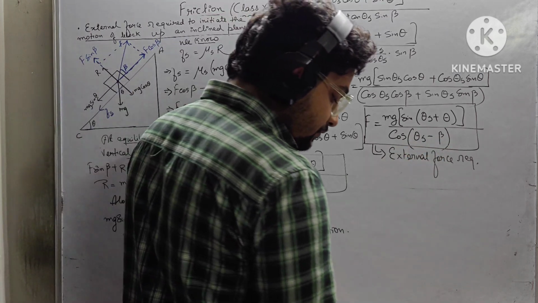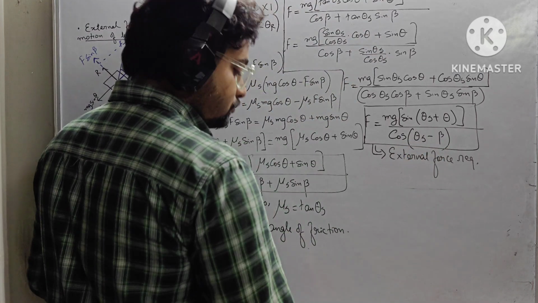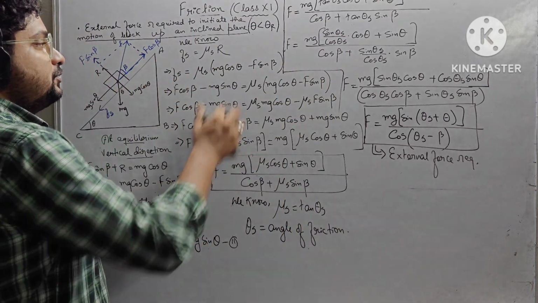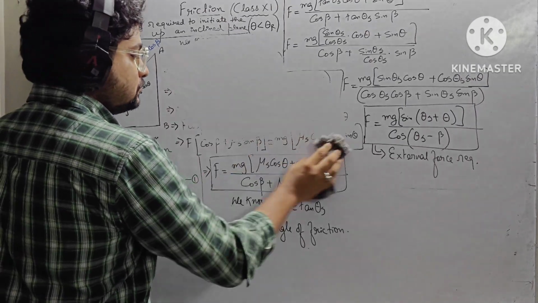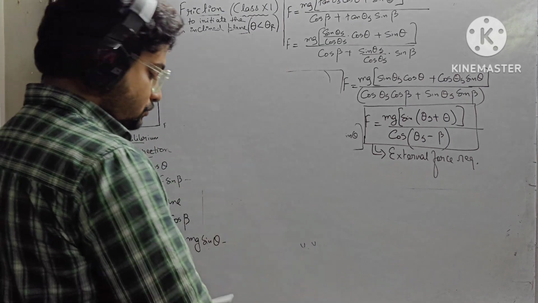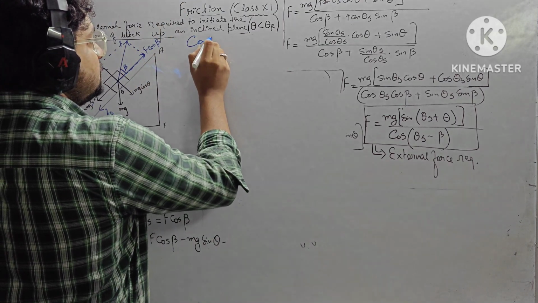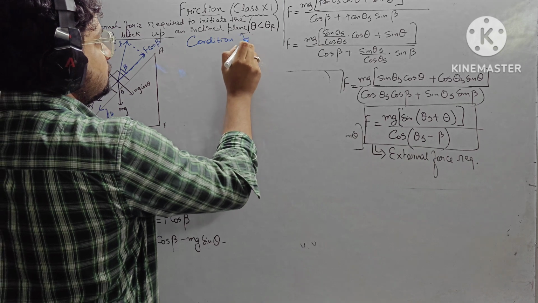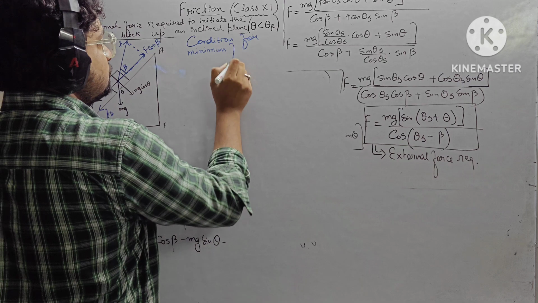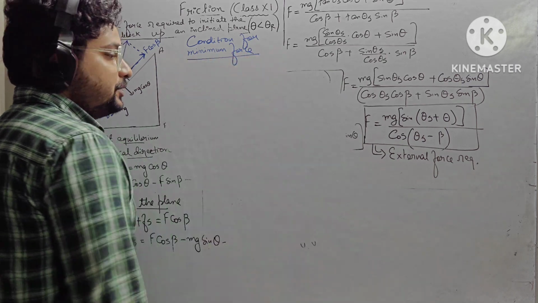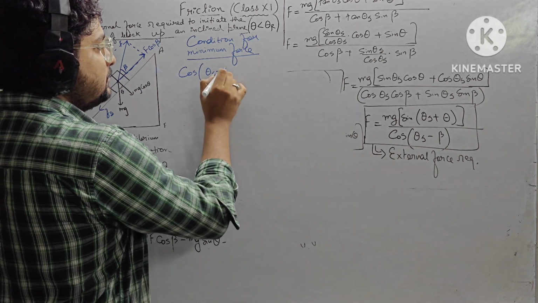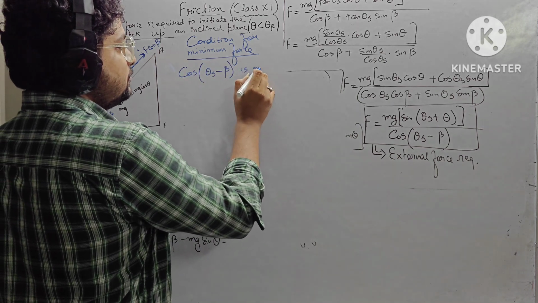So condition for minimum force: force will be minimum if cos theta s minus beta is maximum.